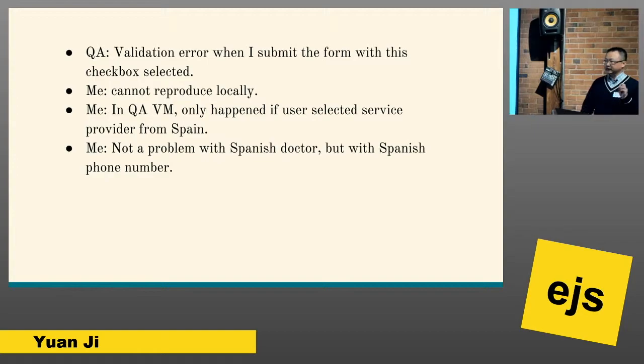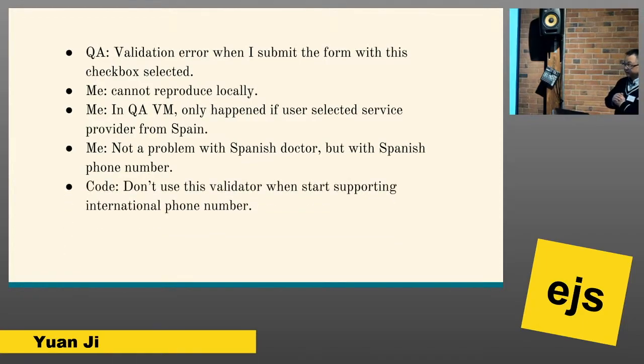As soon as I found where the error is, it's easy to see the code. I look at the code. That's a validation code. The code has a comment. The comment says, do not use this validator when we start supporting international phone numbers. Interesting.